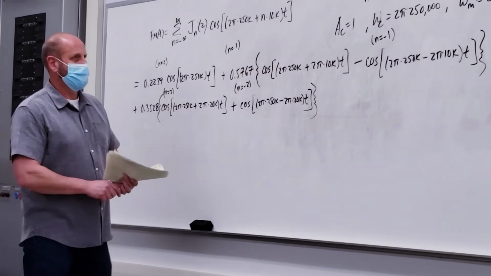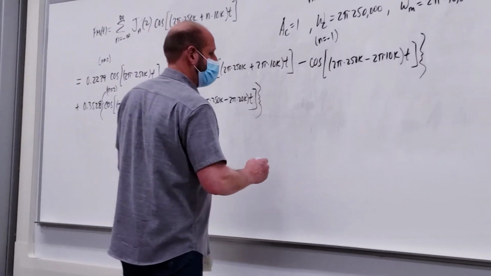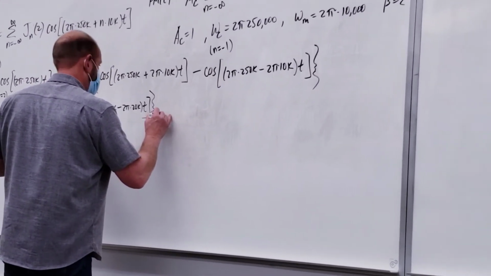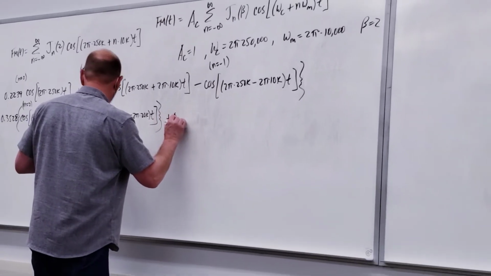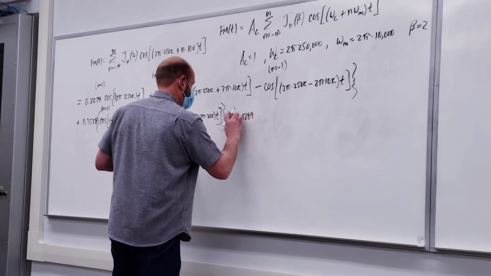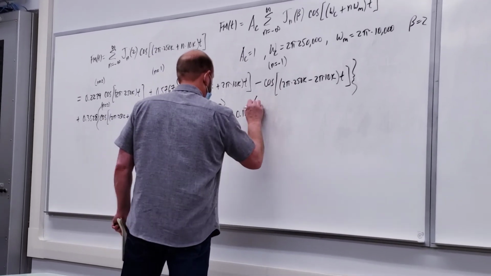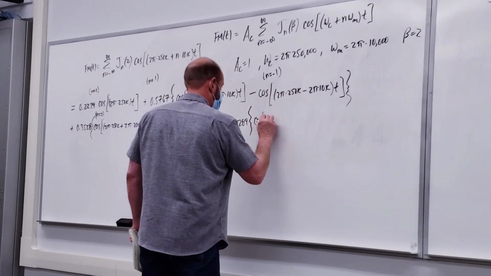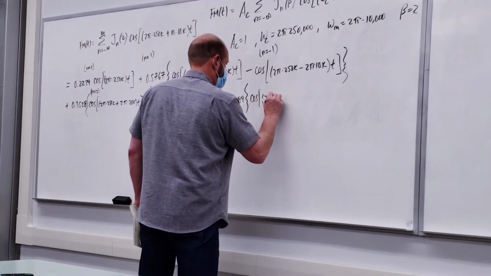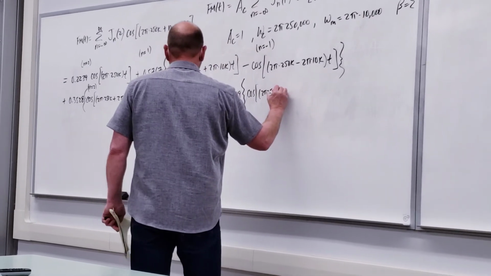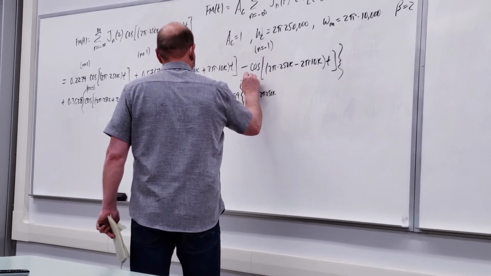All right, let's go to n equals 3. Let's see if I can squeeze it in here. For n equals plus 3, I get plus 0.1289 for my Bessel weight. Cosine 2 pi times 250,000. So this is our n equals 3 term.